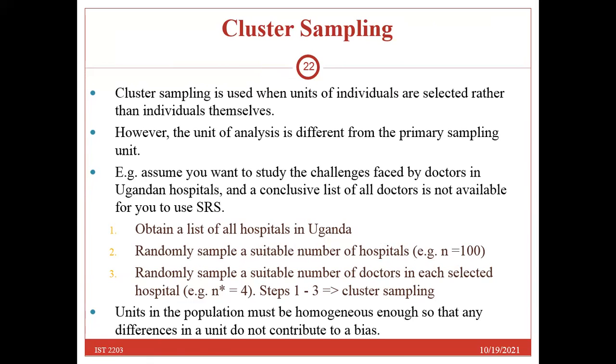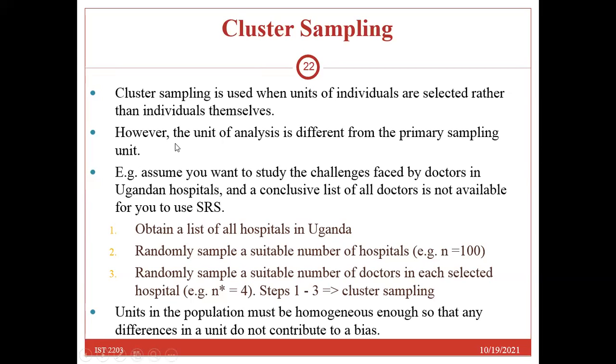The units in the population must be homogeneous enough so that any differences in a unit do not contribute to a bias. Meaning, if you want to study the hospitals, the type of doctors that you have within each of the hospitals should be the same, so that it's okay. You'll still have the same kind of doctors in each of the clusters.